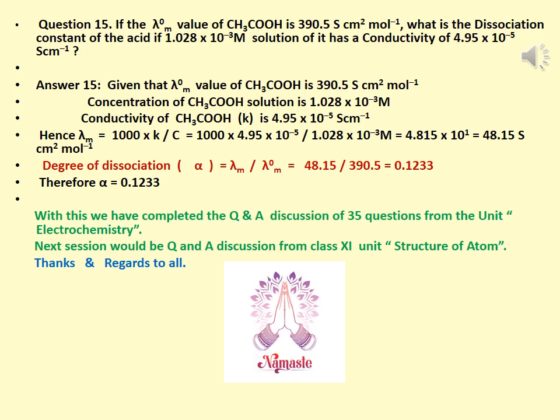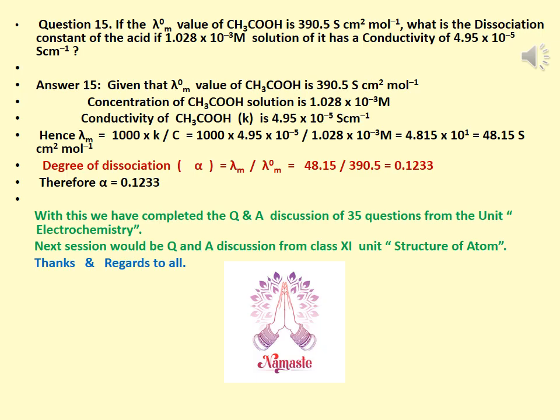Lambda m at the given concentration, that is 1.028 into 10 power minus 3 molar, is 1000 into kappa divided by C. So that is 1000 into 4.95 into 10 power minus 5 divided by concentration 1.028 into 10 power minus 3, which is equal to 48.15 Siemens centimeter square per mole.